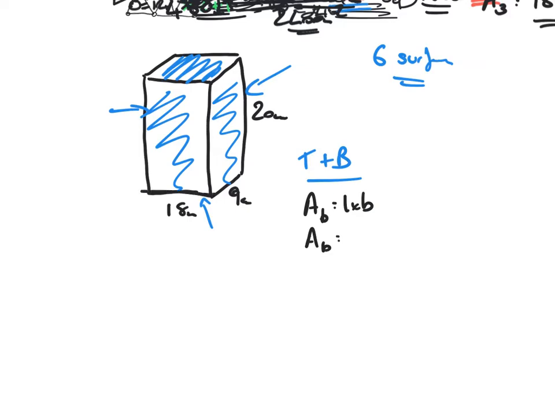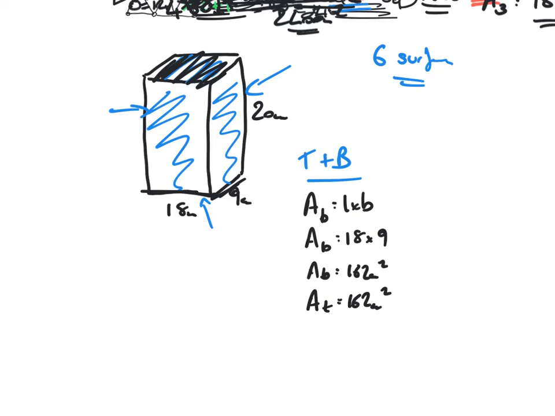Okay, and that is 18 multiplied by 9, which is 162 square centimetres. Now, if the area of the bottom is 162, that means the area of the top will also be 162 square centimetres. Okay.